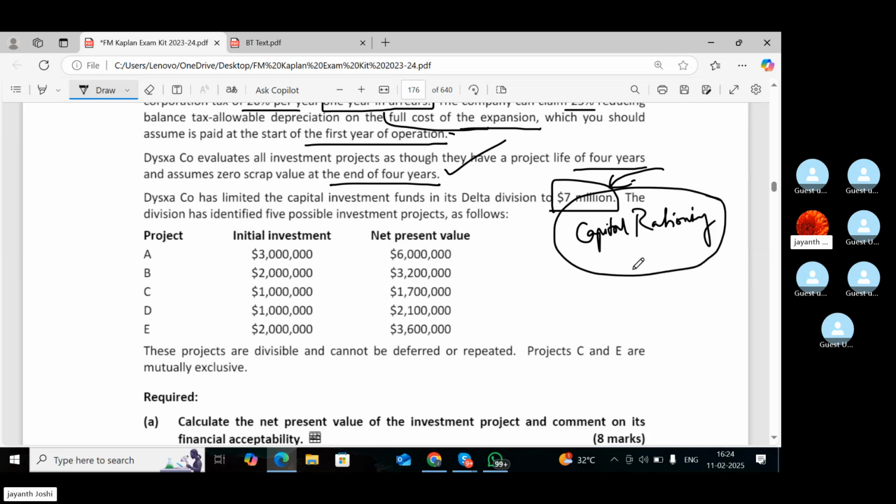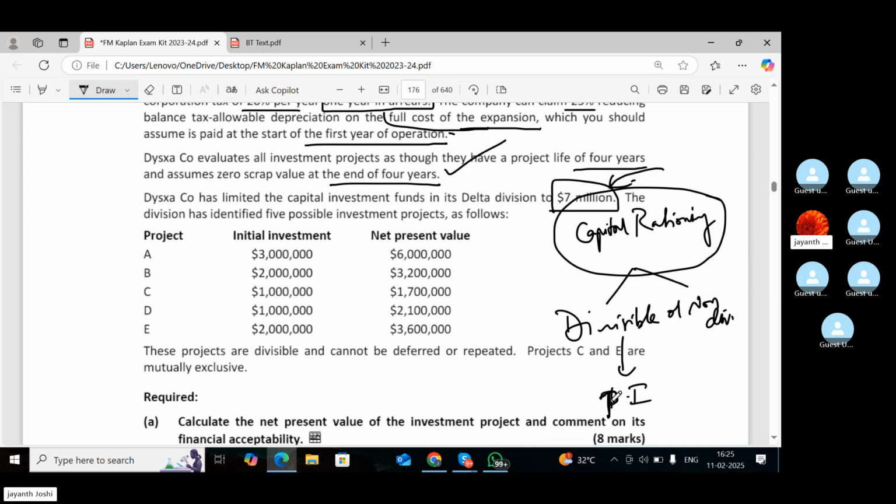And then we need to see whether the project is divisible or non-divisible, and accordingly we should do the ranking of the projects. What you need to understand very clearly is that for ranking of projects, if the project is divisible, the best criterion is the profitability index.